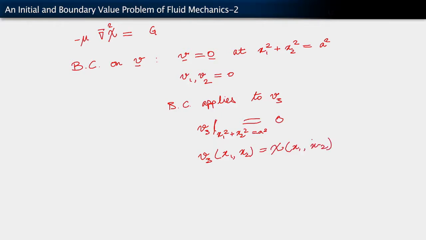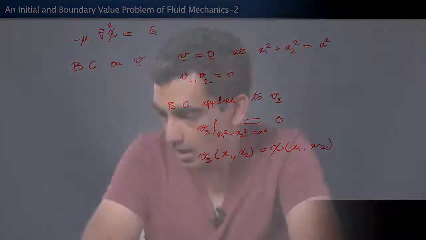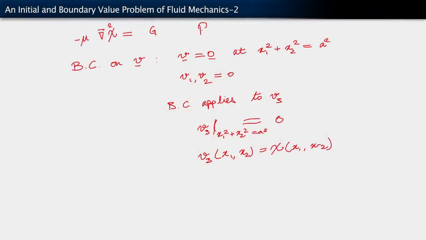So what all of this means is that we need to pick a function chi which vanishes at the walls, and essentially satisfies the Poisson equation that we have here. This equation, by the way, is called the Poisson equation. Easy enough.